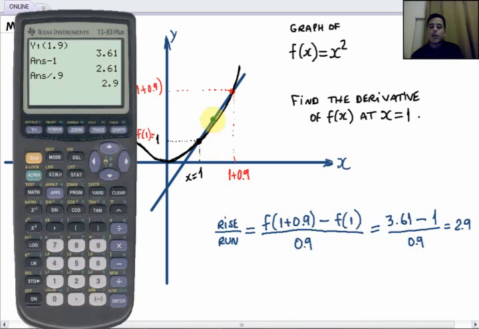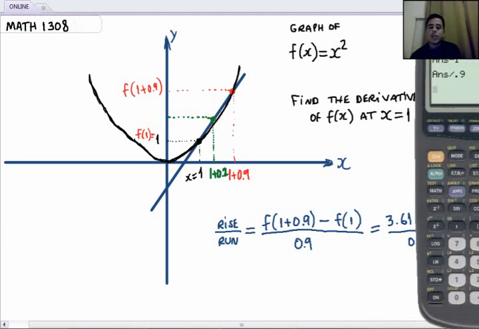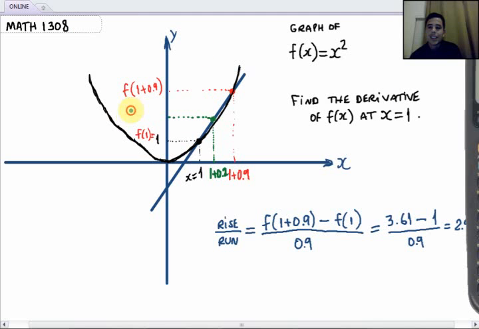This point is closer. Let's say this would be maybe 1 plus 0.2. So the y value then becomes f of 1 plus 0.2, or 1.2, right?